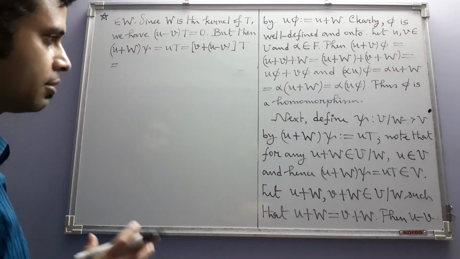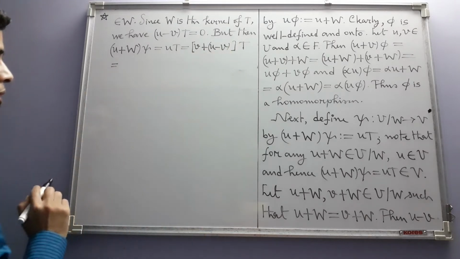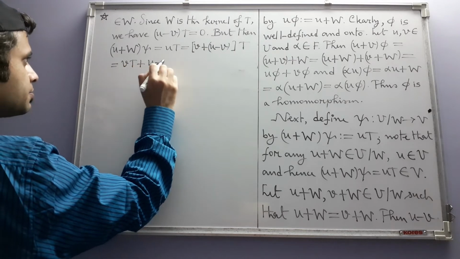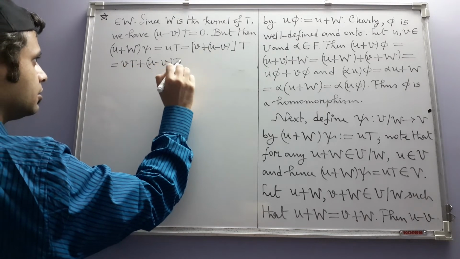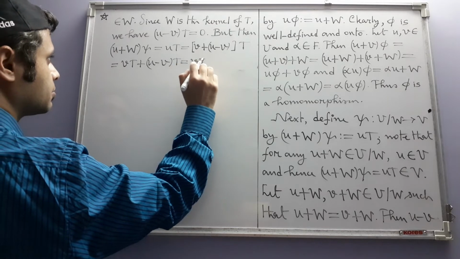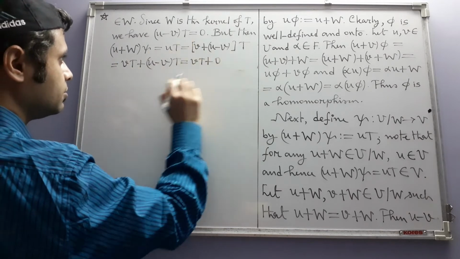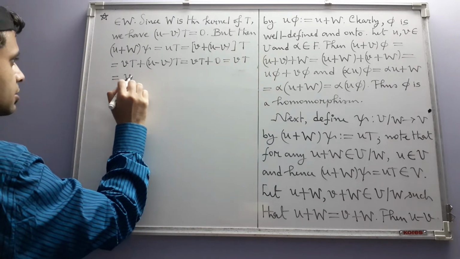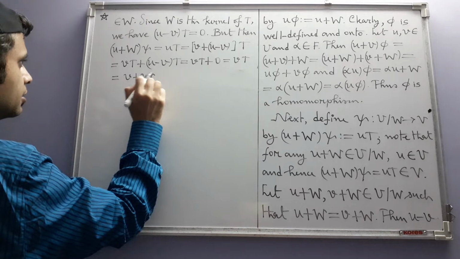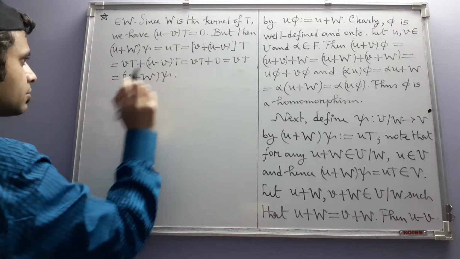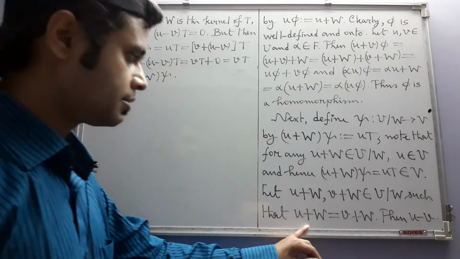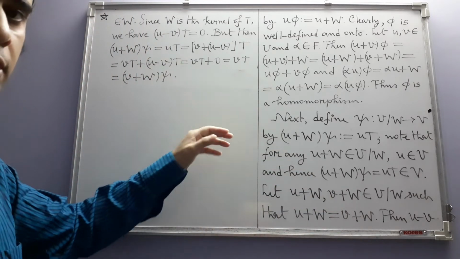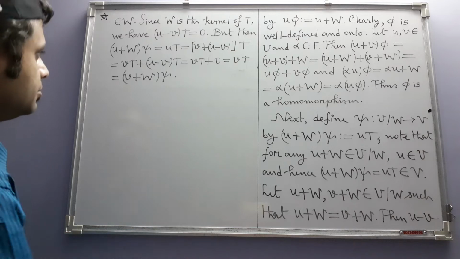Since T is a homomorphism, T respects addition, so this becomes vT plus (u minus v)T. But this is 0, so this is equal to vT, and vT is nothing but (v plus W)psi. So having assumed that the elements are equal, their psi images are also equal. This proves that psi is well defined.